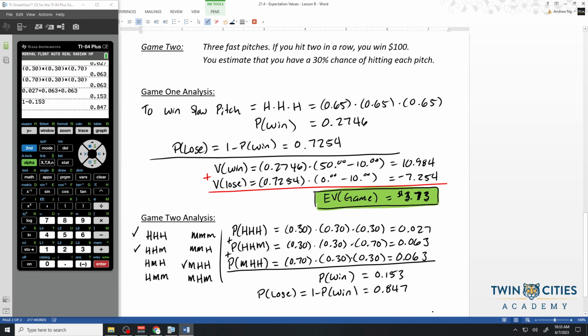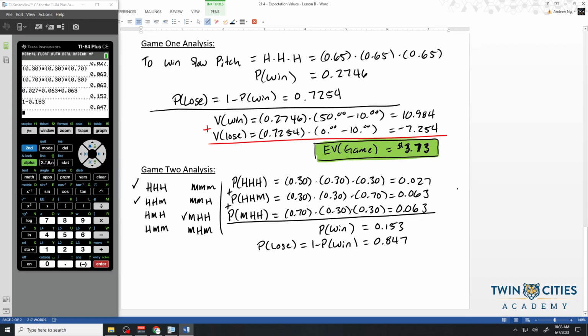Now I've got the probabilities of winning and losing. I know the outcome: $100 if I win, $0 if I lose, $10 to play. So let's find the values of each of these and then the expectation value as a whole. So I need the value of a win, and I need the value of a loss.